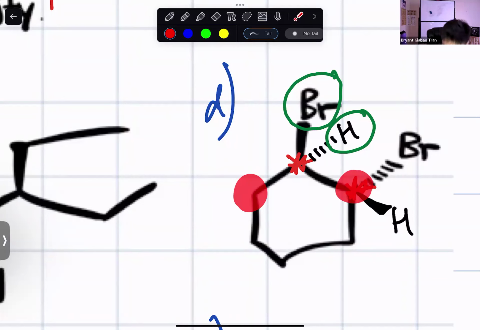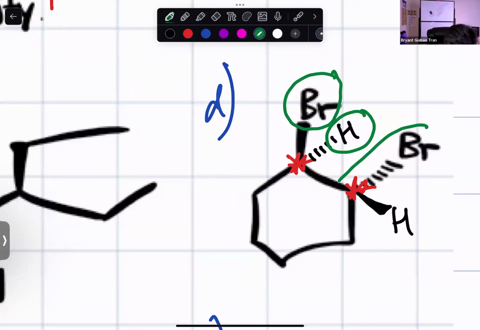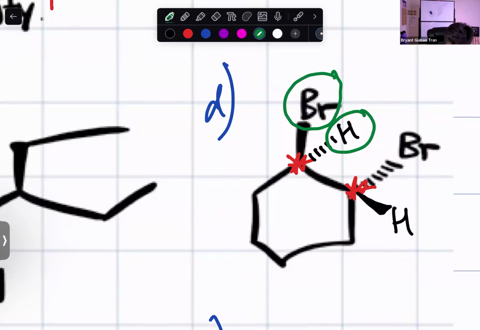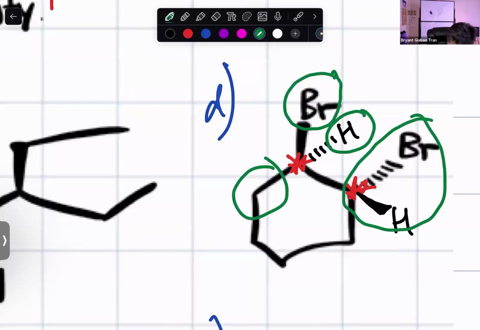If there's a difference, then that will be its own group and that will be its other group right there. The way I'm circling it is kind of weird, but you could circle it like this, and then this ring here is just extra. Does that make sense? They're considered different groups because they're attached to different things.